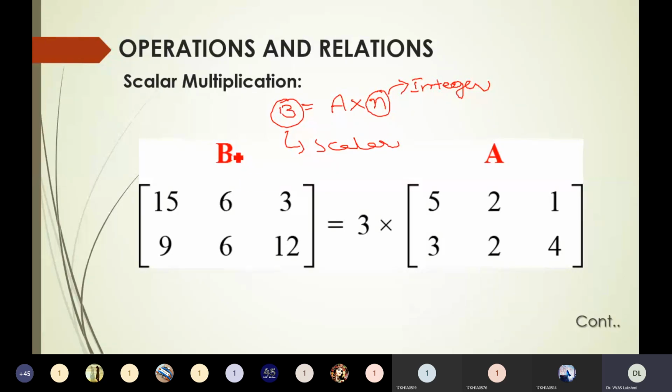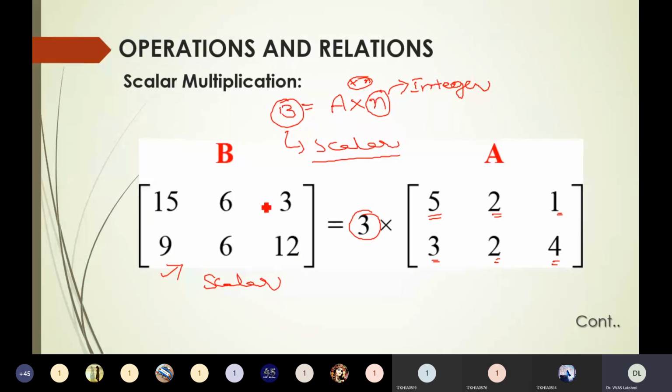A scalar matrix is a matrix which is multiplied by another integer. So here A is a general matrix. Each and every individual element gets multiplied by an integer. Then we will get another matrix. This matrix is said to be a scalar matrix.